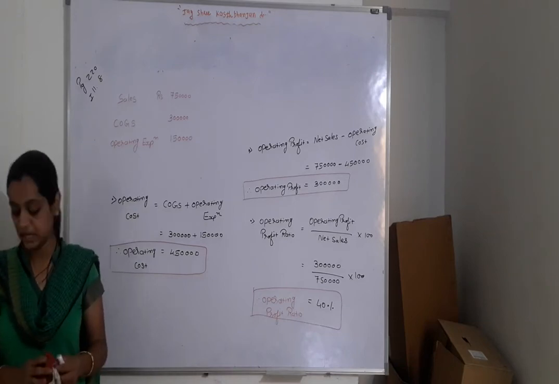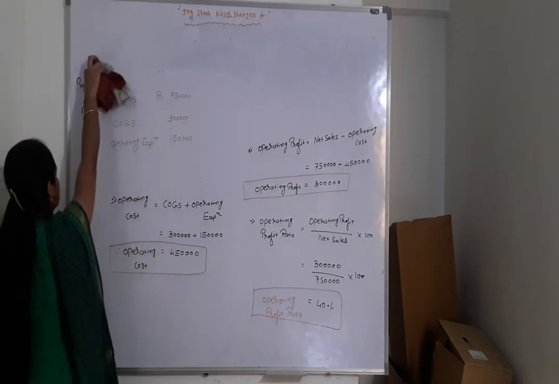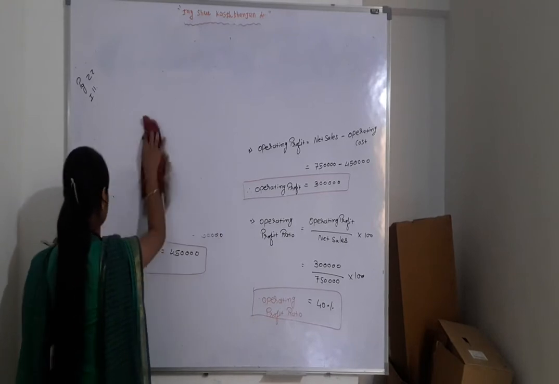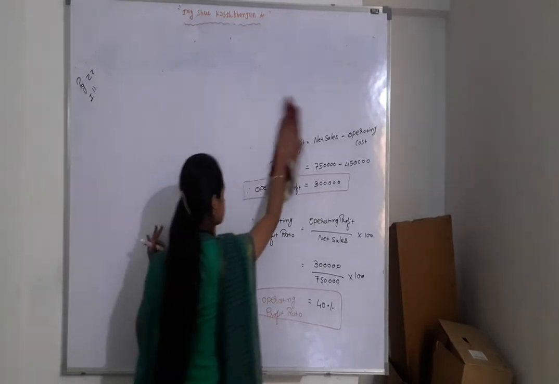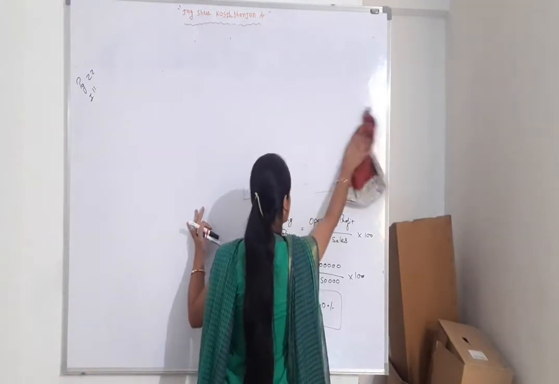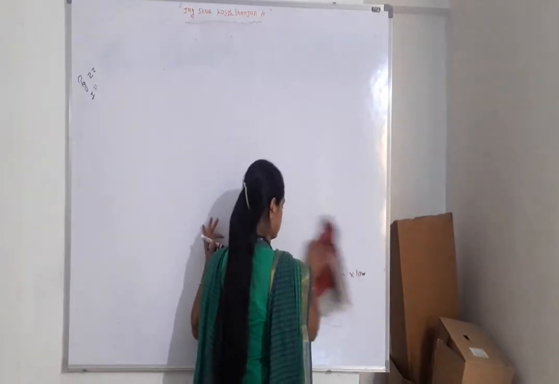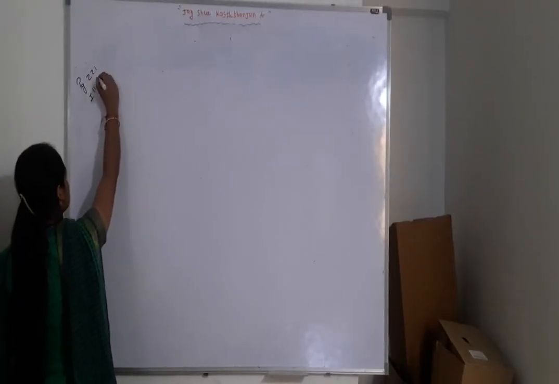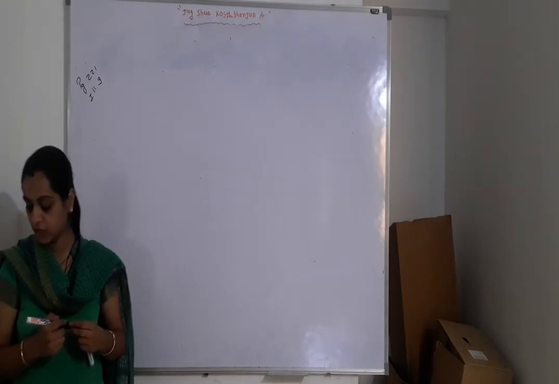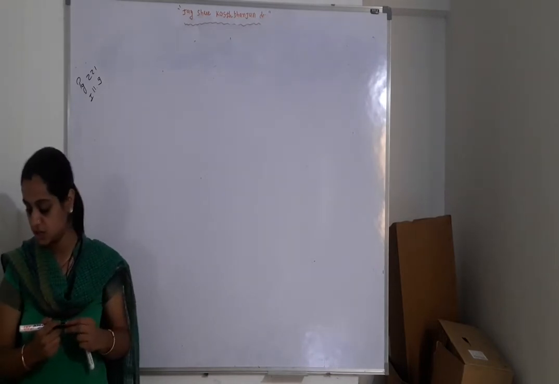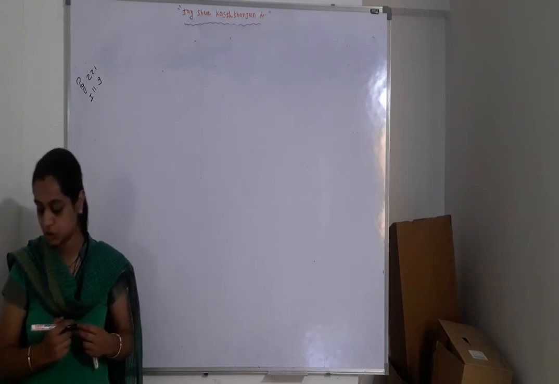Next one, page 221, illustration number 9. From the following information of J Company Limited given below, calculate operating profit ratio.